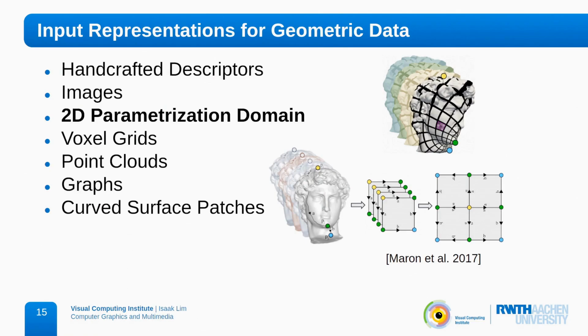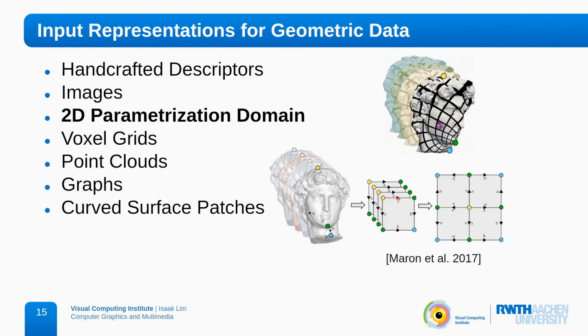One approach to deal with this problem of not really working on the neighborhood that is given by the shape itself is approaches that work in the 2D parameterization domain. What is done here is that we can cut open an input shape and then unfold it into a 2D rectangle.